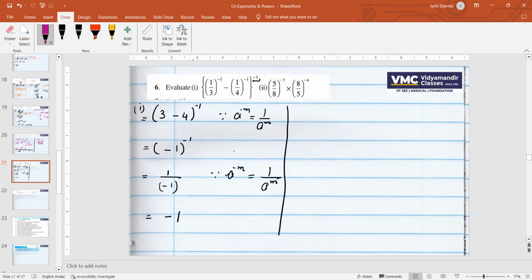The second part: you can see the same type of question was there in the example. So I should do the reciprocal of the greater one so that I will get rid of applying the same law 2 times. I wrote here positive power.